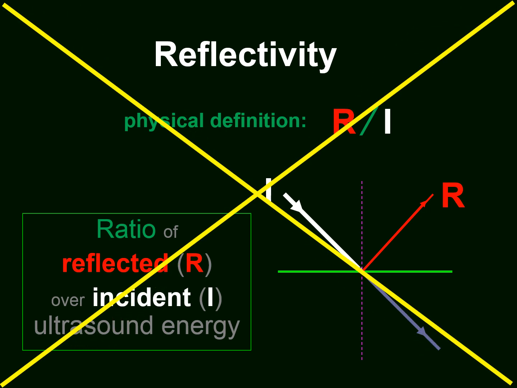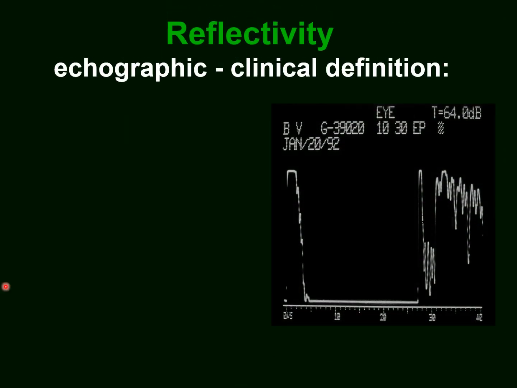We cannot use this term reflectivity with this physical definition in diagnostic ultrasound, because we can neither measure the incident energy nor the reflected energy. So we use a clinical echographic definition of the reflectivity.